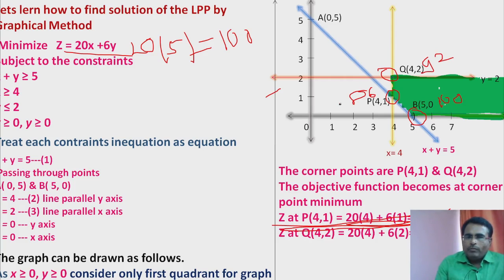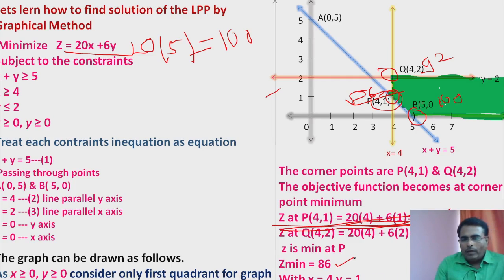Therefore, the minimum value is 86 and is present at P. So P is called the solution point, and therefore Z is minimum at P, and the minimum value of Z is 86 with x equal to 4 and y equal to 1. This means the brick must be constructed in such a way that it contains 4 kilograms of cement and 1 kilogram of sand, so that the cost of the brick is minimum, 86.